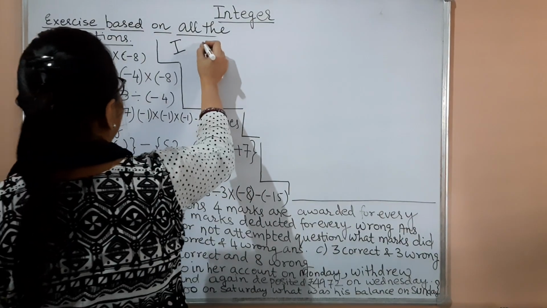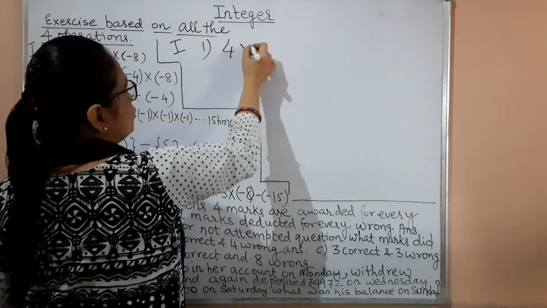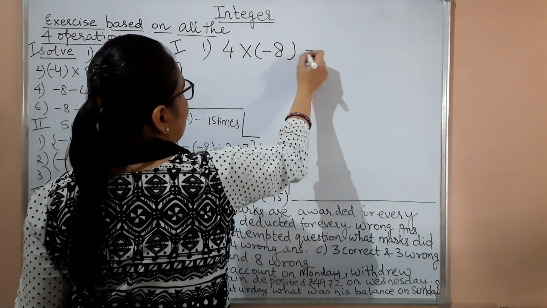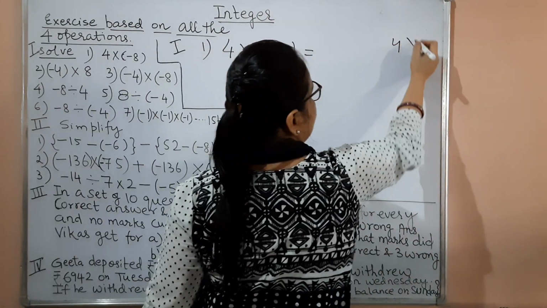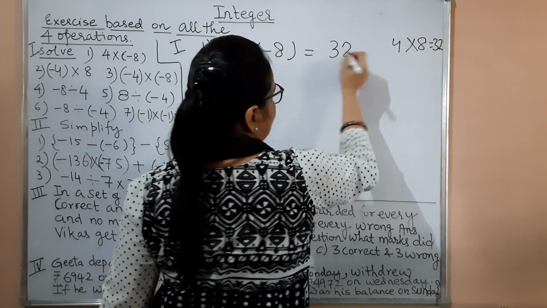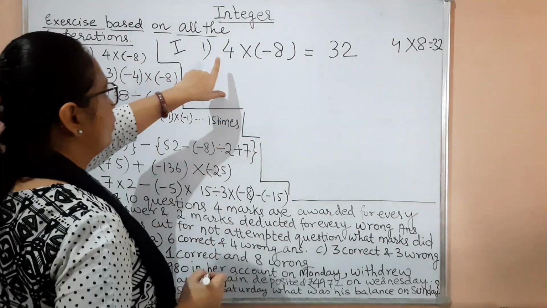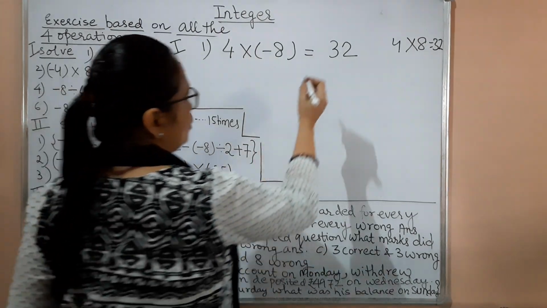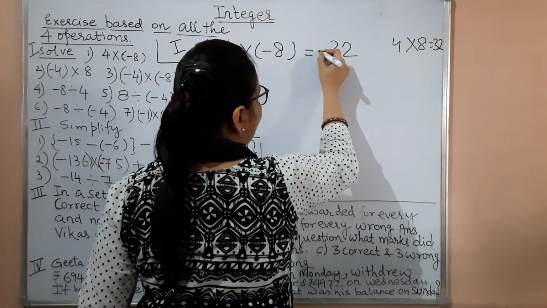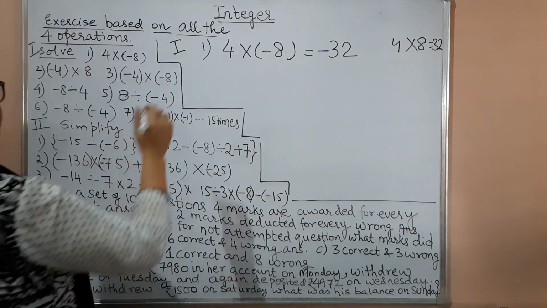Now in question number 1, first part, 4 into minus 8. We all know 4 8s are 32, so we write 32 as our answer, but we have to decide the sign. One is positive, one is negative. I told you, if you have one negative sign, then it is negative.